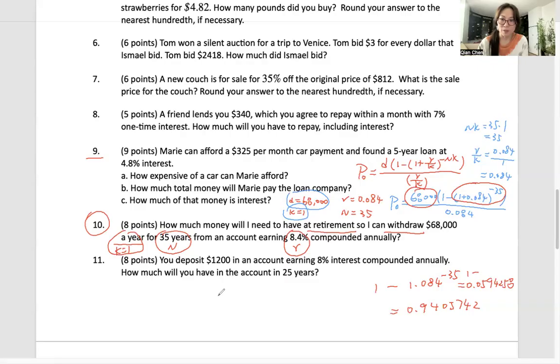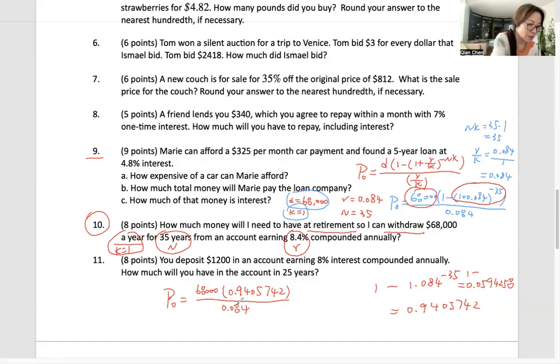So P naught now equals 68,000 multiplied by 0.9405742, then divided by 0.084.